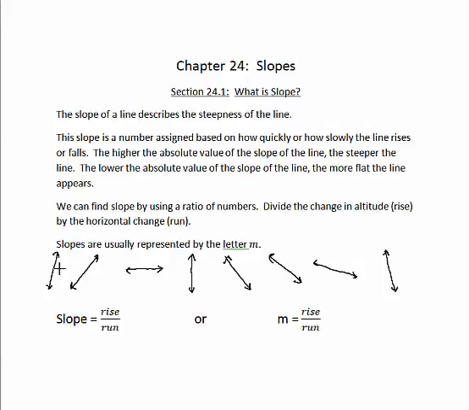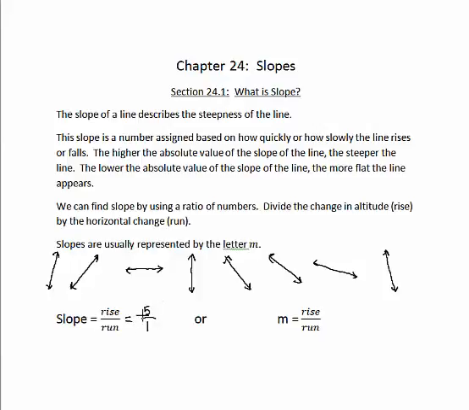And so the steeper the line, whether it goes up from left to right or down from left to right, we say the slope increases. Now one of these is going to be a negative slope and the other a positive. For a large slope, we would have a large number on top for the rise. Let's say we had 5, and then the run 1.